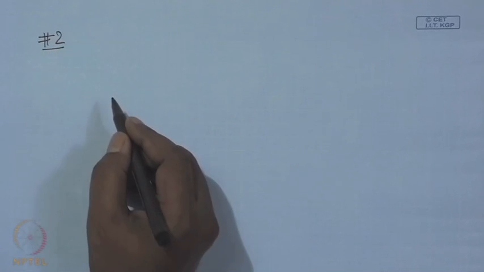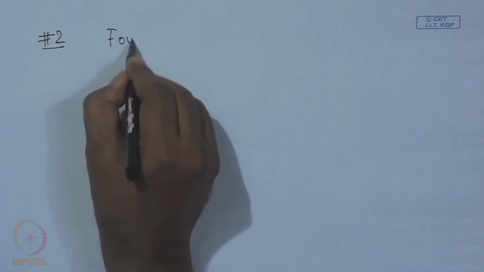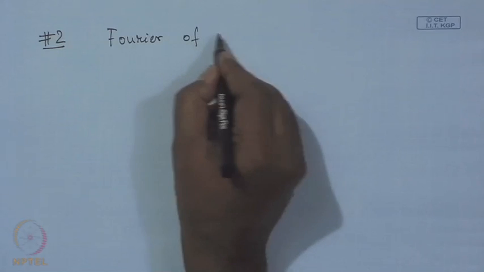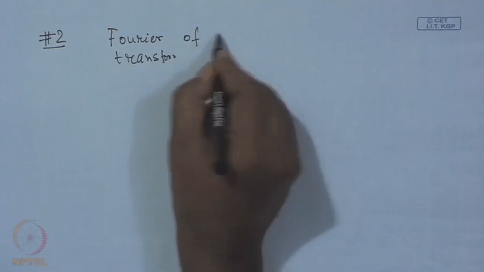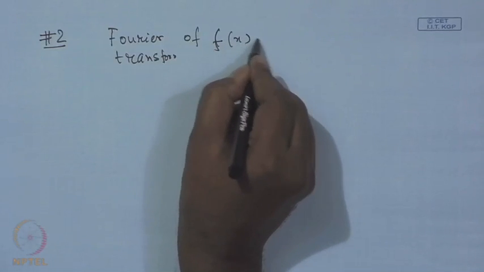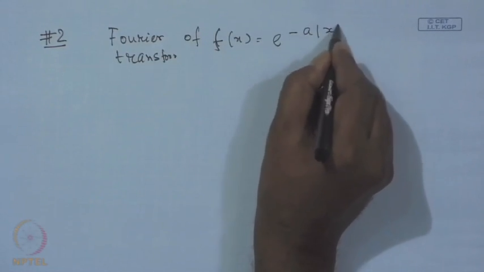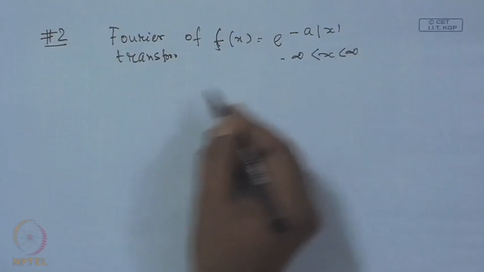Okay. So, in the last class, we looked into some functions and found the Fourier transform of them. Next, we will be looking into the Fourier transform of another function, let us say f of x, and f of x is given as e to the power minus a mod of x, where x lies between minus infinity to plus infinity.